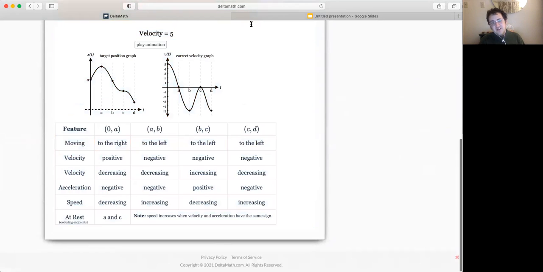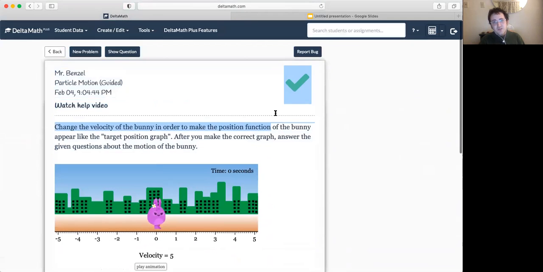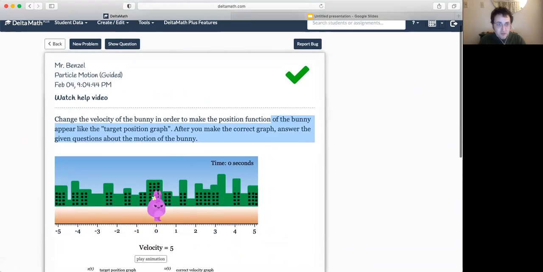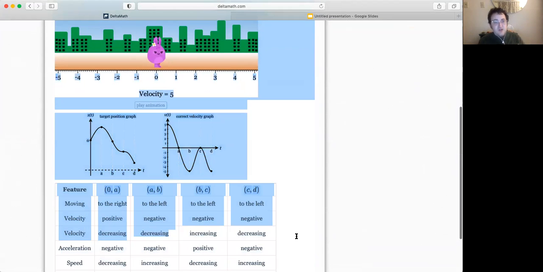This is, I think, really good practice for you to conceptualize the different types of problems with particle motion: the direction that things are moving, the velocity, and the acceleration as well. The first few times that you try this, it may be something you've never done before, but I really encourage you to experiment, and I think it would be really fun.